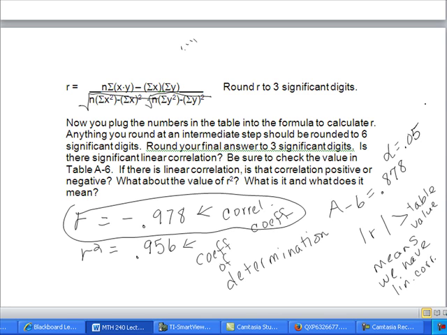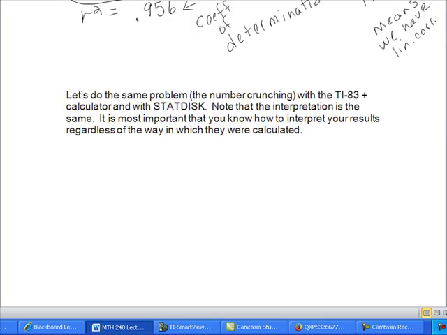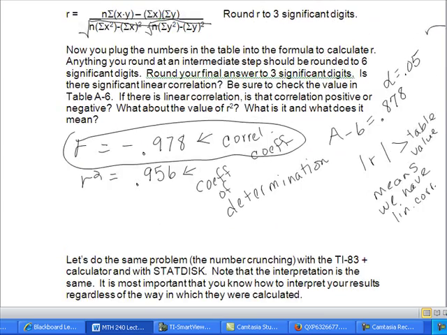Therefore, we have significant linear correlation. So there is a relationship, we know, between the number of absences and the final grade. The negative in the R tells me it is a negative correlation in this case.